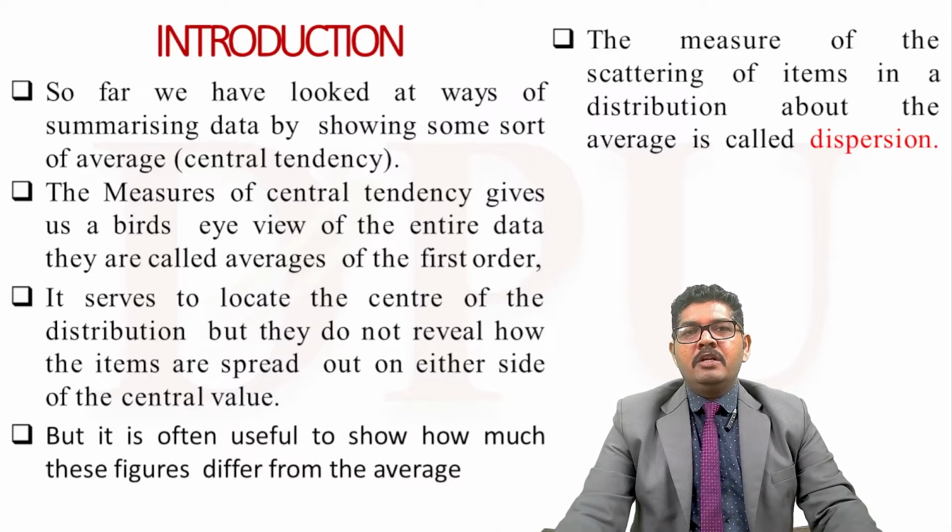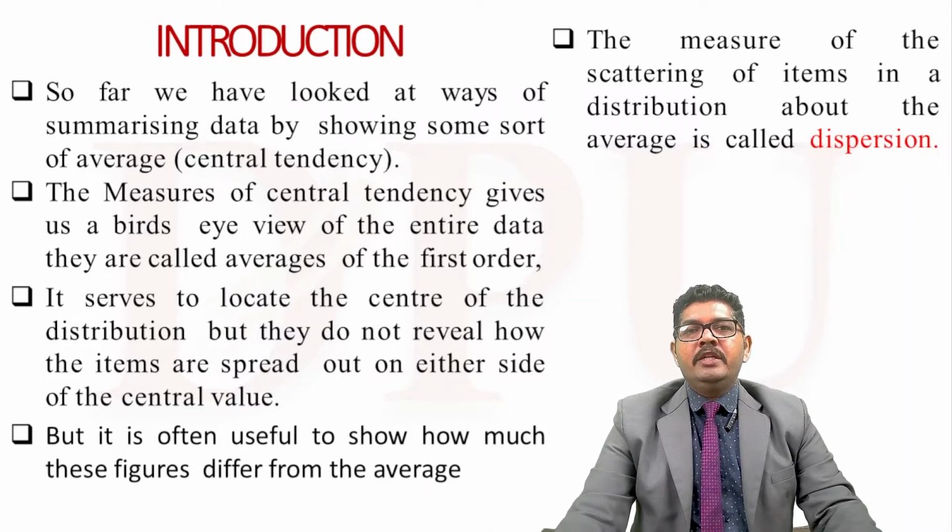So measures of central tendency give us a central value of the numerical data, but they do not tell us how the data is spread away from that central value. It is often useful to show how much these figures differ from the average.